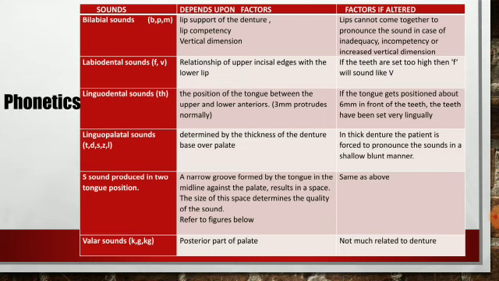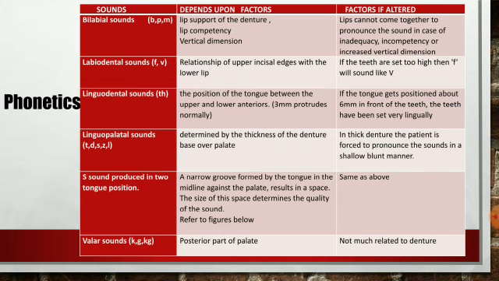Followed by linguodental sound, the TH sound, like in strength. In this TH sound, the position of the tongue is between the upper and lower anteriors. Normally the tongue protrudes 3 mm between the upper and lower anteriors.